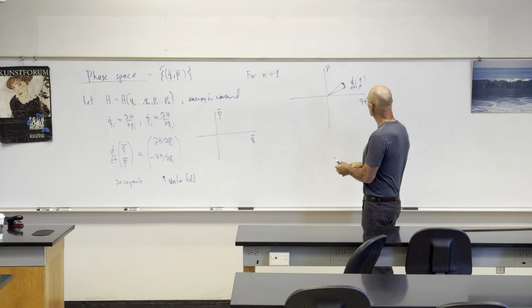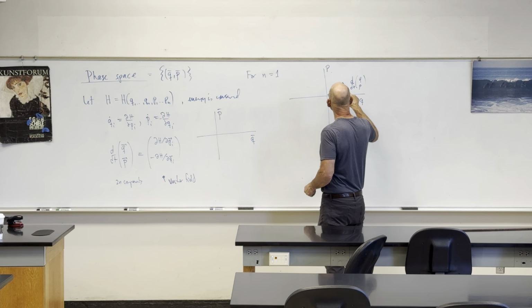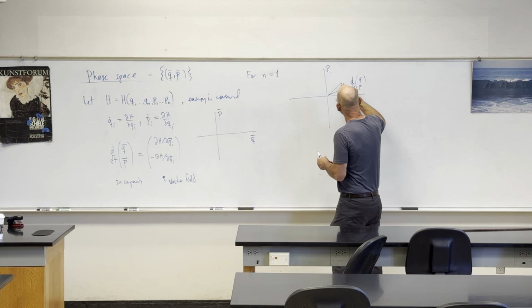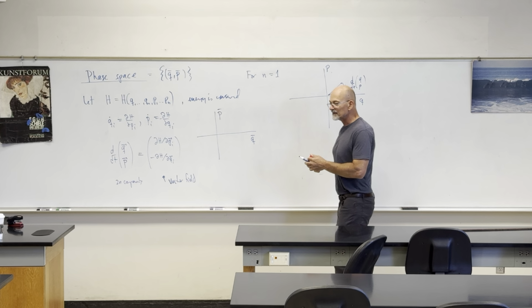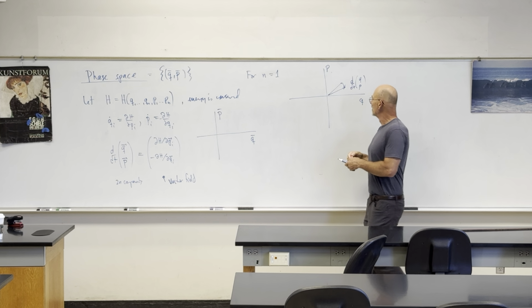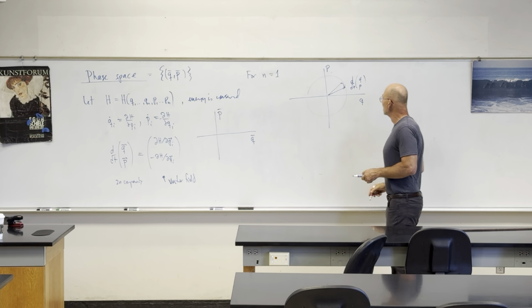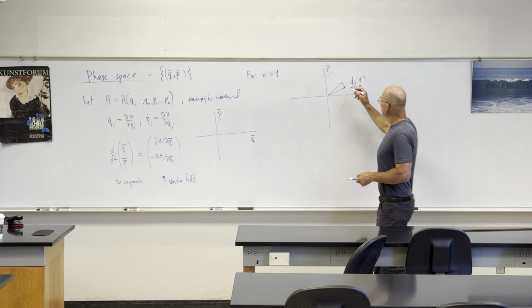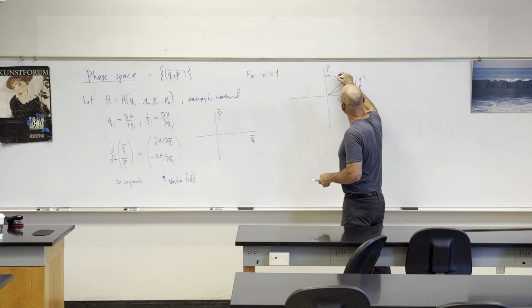For example, say something is going in a circle. We're going to see in a minute, it's always clockwise in phase space. So say something is going in a circle, then the vector field associated with this motion will look like this.